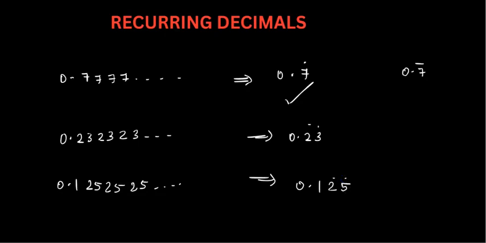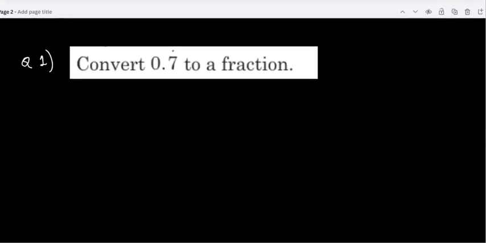Here you have to know the concept that recurring decimals are literally rational numbers. And what was a rational number? A rational number was a number which can be converted or written in fraction form, in the form of a over b, where b is not 0, and a and b are integers.